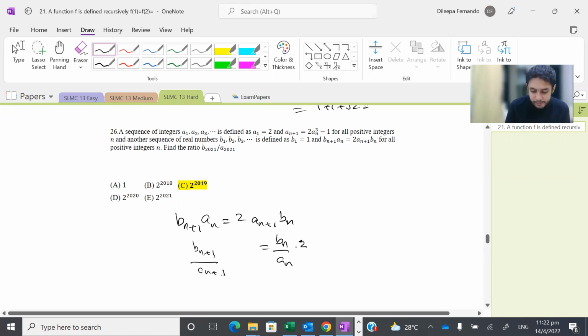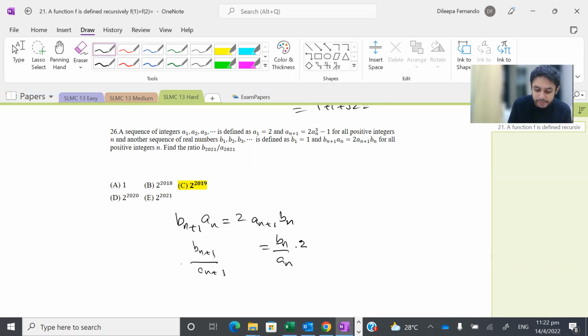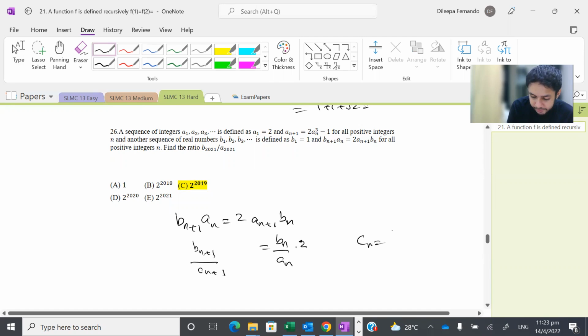Now you can see each of the ratios is multiplied by 2 to arrive at the next ratio. So if we say Cn equals Bn over An, then C(n+1) equals 2 times Cn.